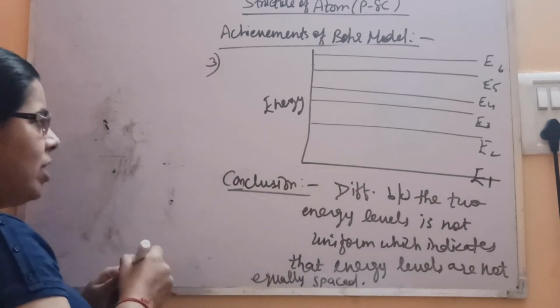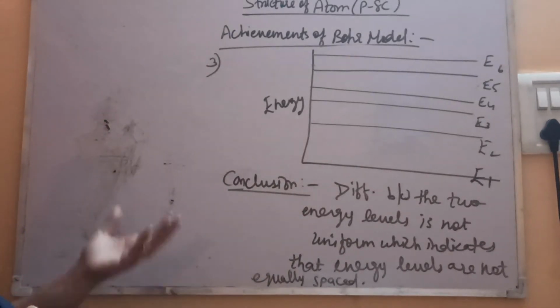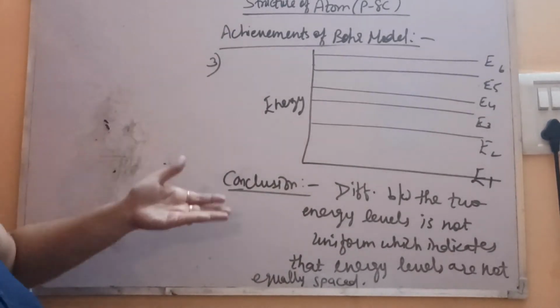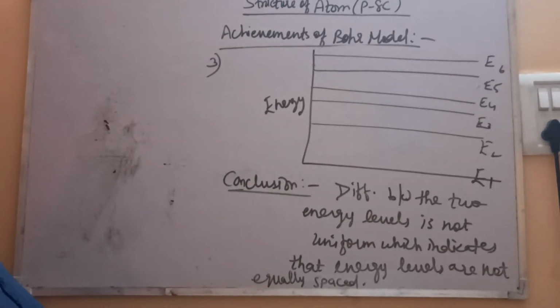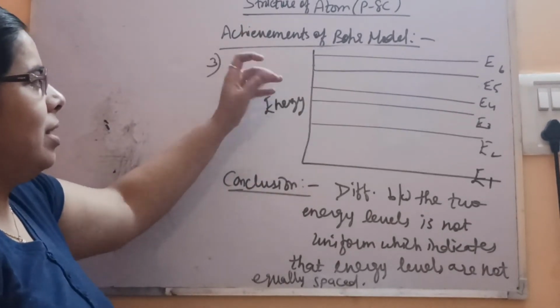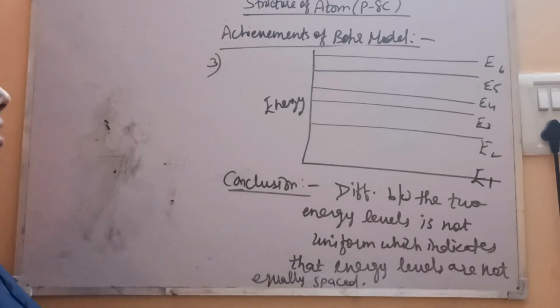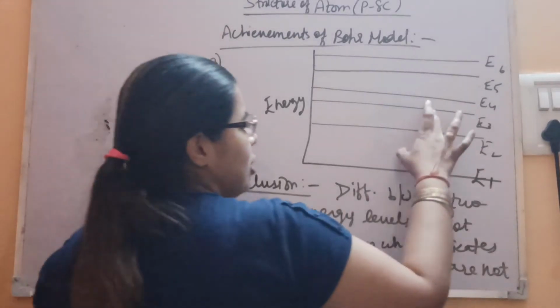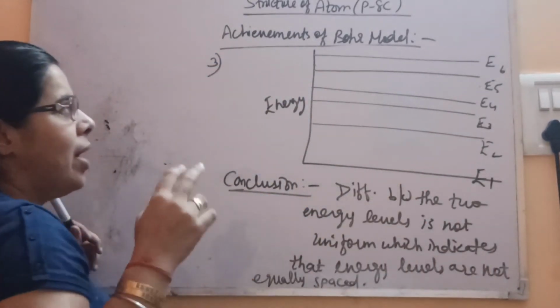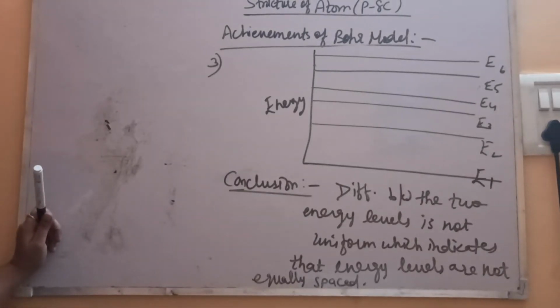You can see, if the difference were the same, then you could say they are equally spaced, but now they are not equally spaced. This difference is different, this is different, this is different, and this is different. That's why we are saying the energy difference between the energy levels of the hydrogen atom is different.